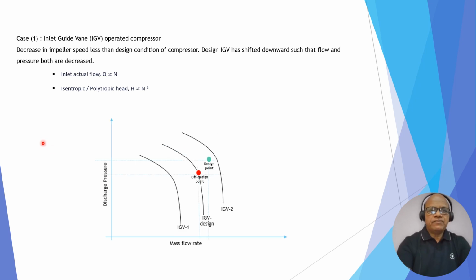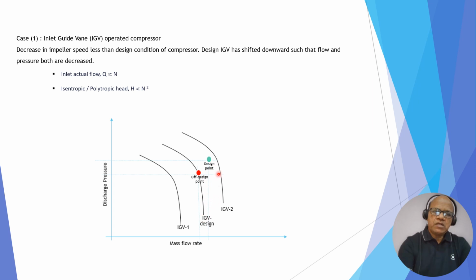Now take the case when the speed has decreased from the design, I mean less than design, and so all the curves have shifted downward such that flow and pressure both have decreased because of this formula: Q is proportional to N, H is proportional to N square. This was the original design point.